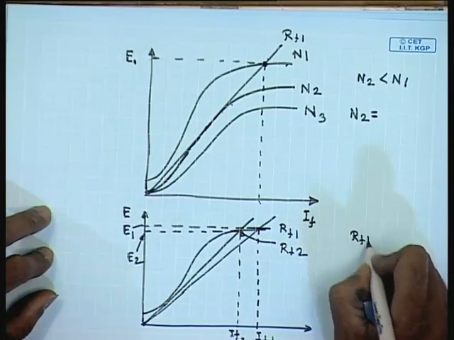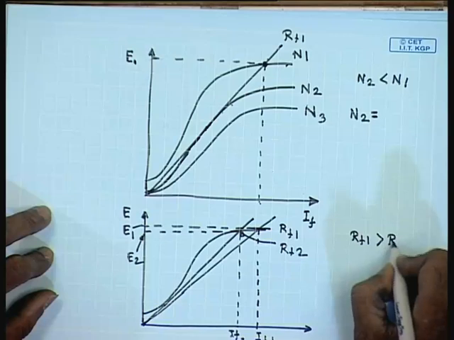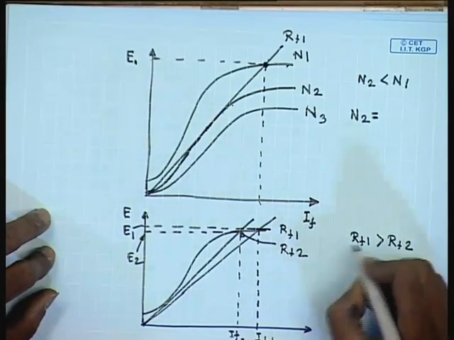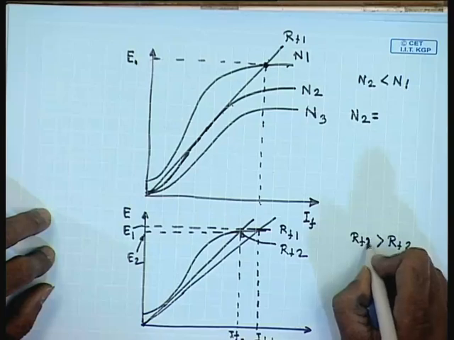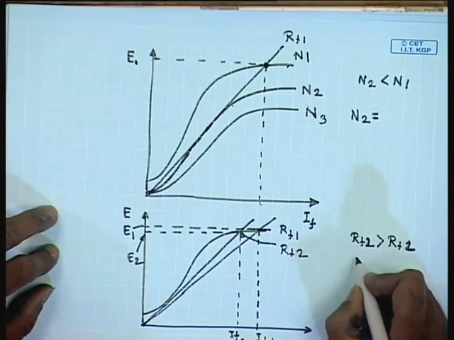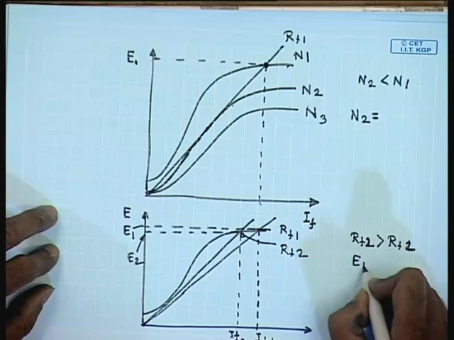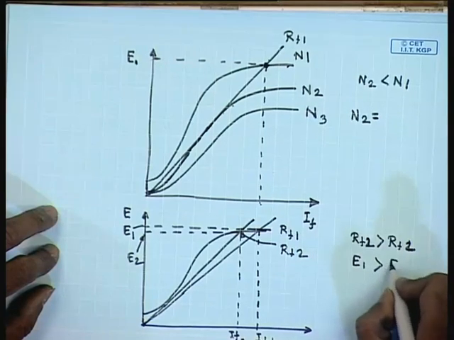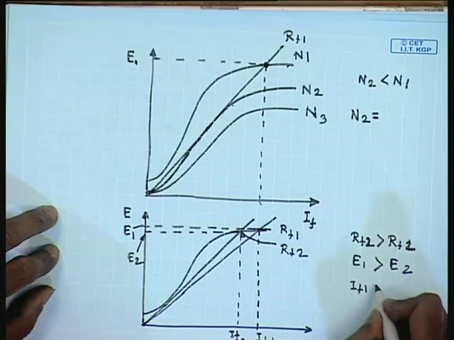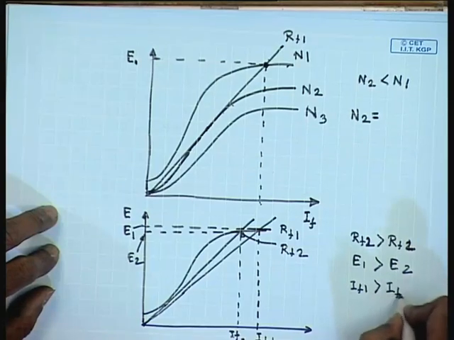If Rf2 is larger than Rf1, then E1 is larger than E2 and If1 is larger than If2.